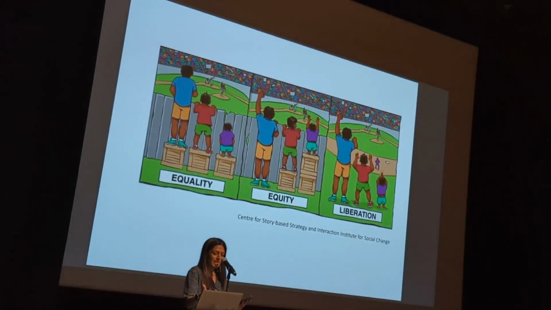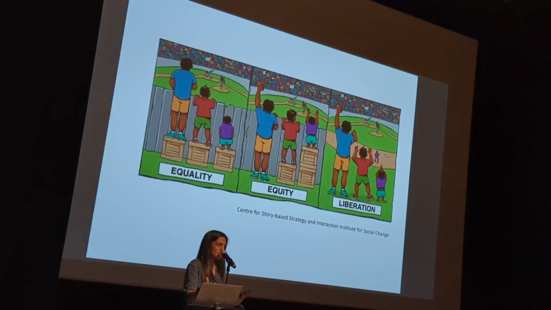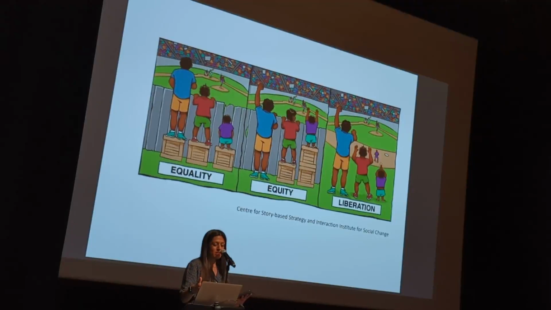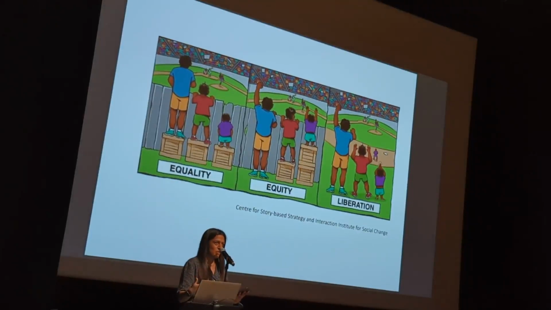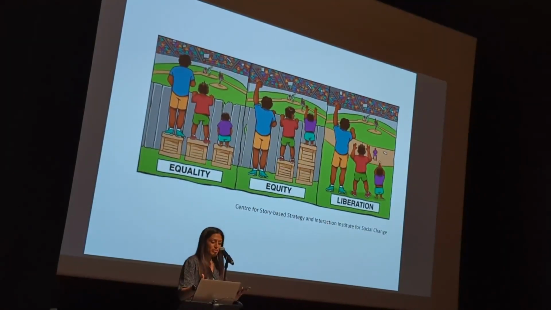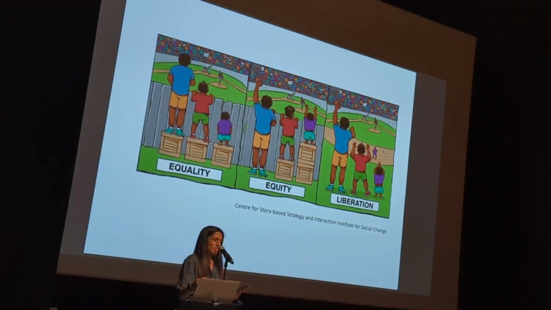Now they can access the same treatment as the patient on the left-hand side of the equity box. However, they still have to climb two more boxes than the patient on the left. That might represent the years of misdiagnosis, the years in which they weren't receiving the treatment which they should have been receiving. And if we now turn to liberation, that would represent removing this all altogether.